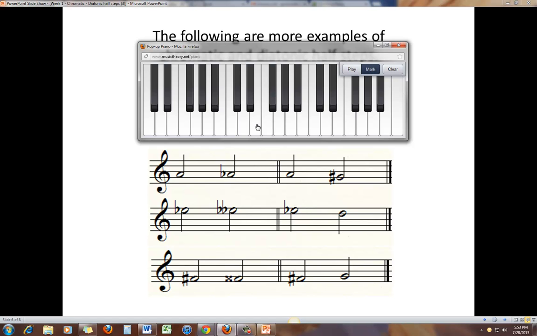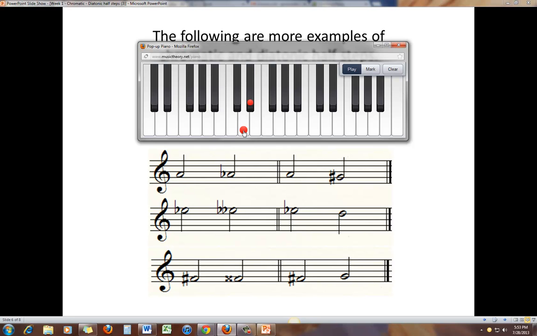Let me mark that. Okay, here's E, E flat, E down 2 half steps to E double flat. E flat, E double flat. That is spelled chromatically. Or you can call it E flat to D.